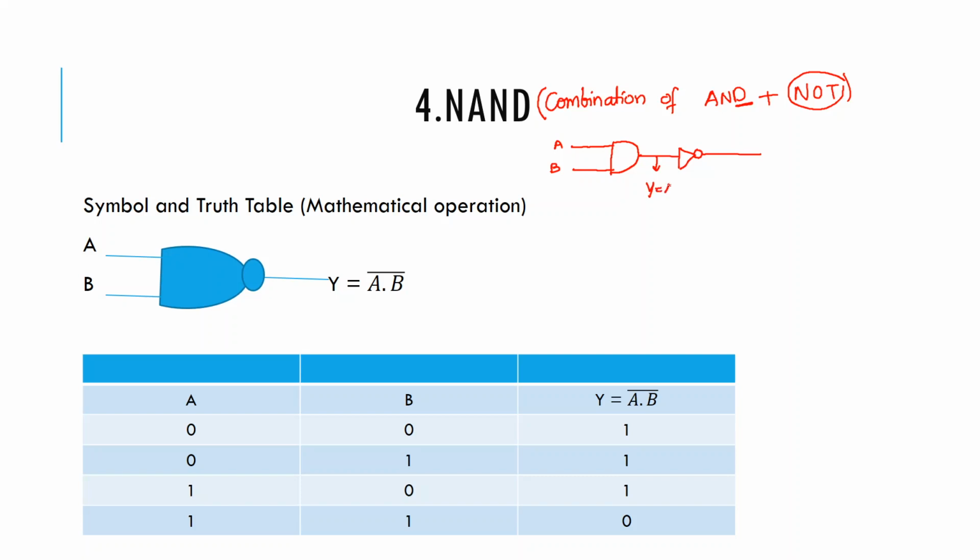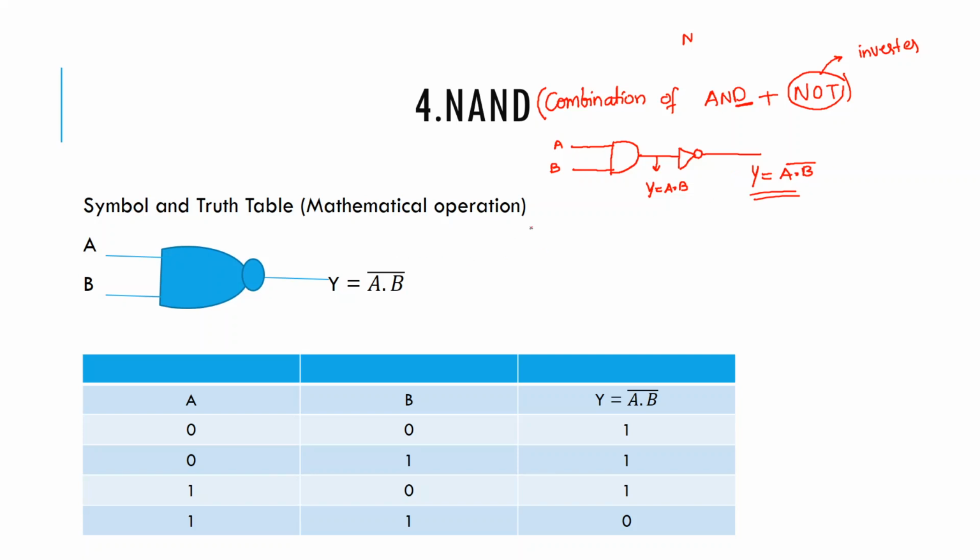The output for AND gate will be A dot B. What is the work of NOT gate? NOT gate inverts the thing. It works as an inverter. So here the output will be Y equals A dot B bar. I hope you are getting this. Y equals A dot B bar.